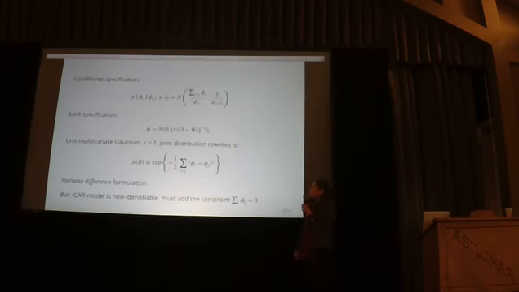And so what this says is that my phi is going to be borrowing information from the values of my neighbors, and the more neighbors I have, the less variance, because now you've got more inputs to your phi i.